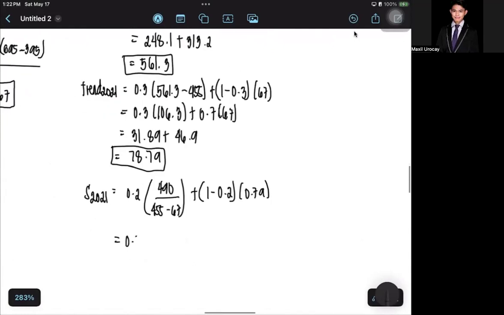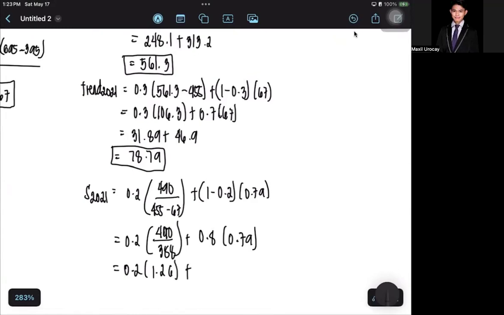So 0.2, you will begin with 455 minus 67. That will equate to 388. And then plus 0.8 times 0.79. And it will equate to 0.2 times 490 divided by 388. That is equal to 1.26.